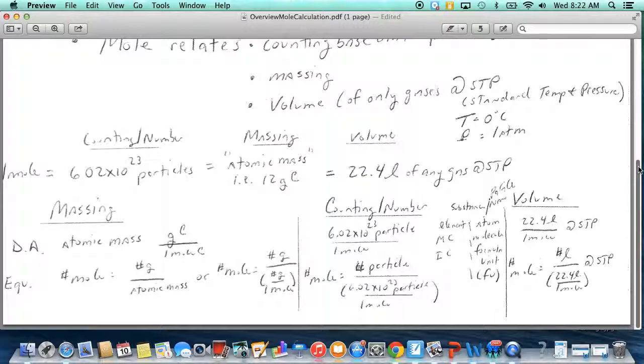If you're going to do some counting or figure out the numbers of base particles, for dimensional analysis you use the relationship 6.02 times 10 to the 23rd particles per 1 mole. And if it's an equation, the number of moles is equal to the number of particles over 6.02 times 10 to the 23rd particles per 1 mole.